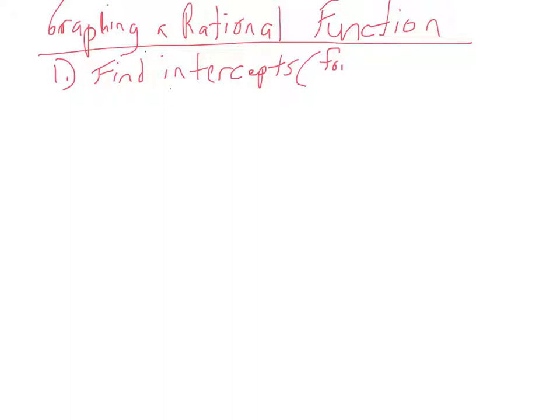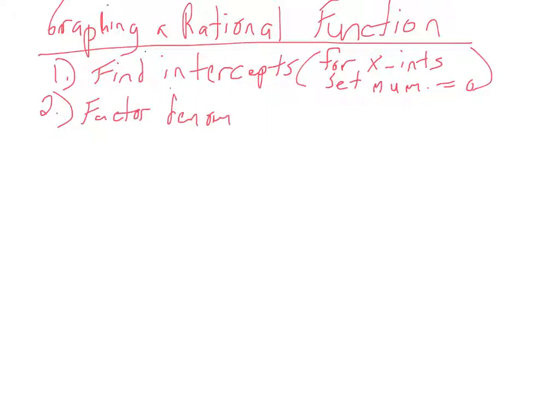For the x-intercepts, the zeros, we just set the numerator equal to 0 and solve that equation. Number two, factor the denominator and identify the domain.